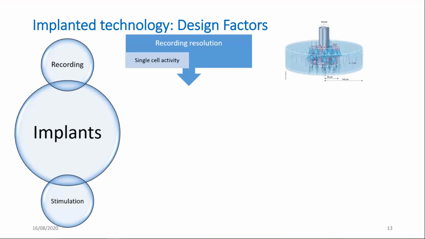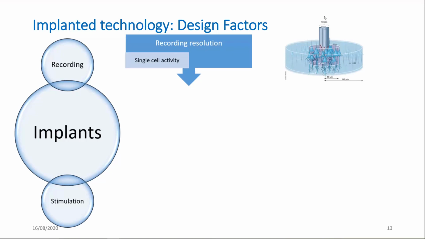For example, for single cell activity, you need to implant, say here I'm showing a group of 4 electrodes. Each of them is probably 25 micrometer or 10 micrometer in diameter. And then they're recording within a 50 micrometer range over here.